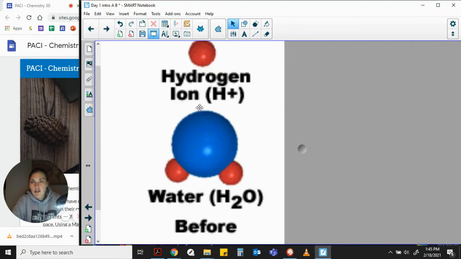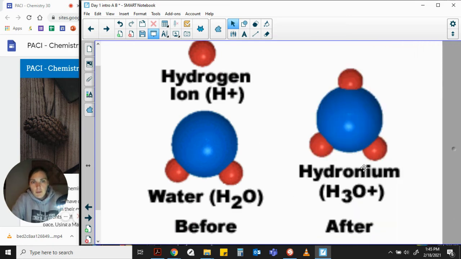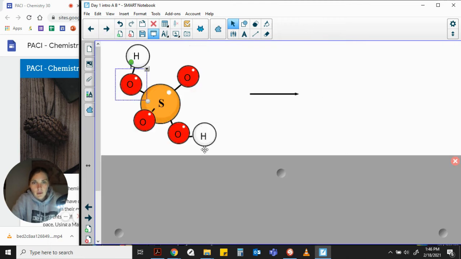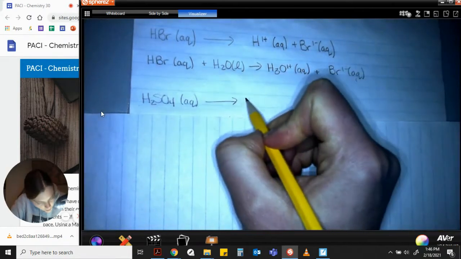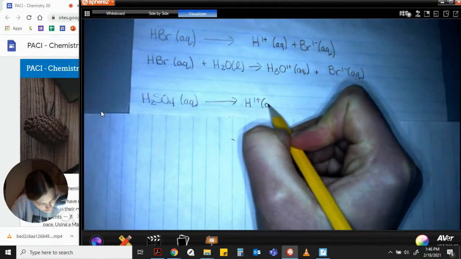So here, that hydrogen ion, what ends up happening with those H3O 1+, or a hydronium ion, is that hydrogen has come and joined over. Okay, so for this one, when it dissociates, we only want to lose one of those hydrogens.